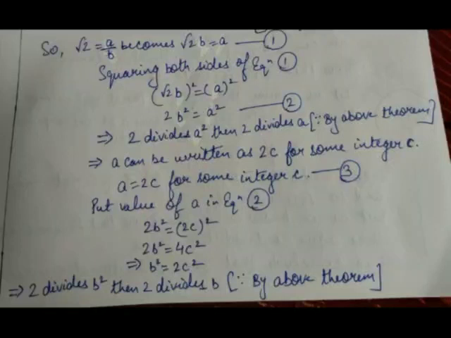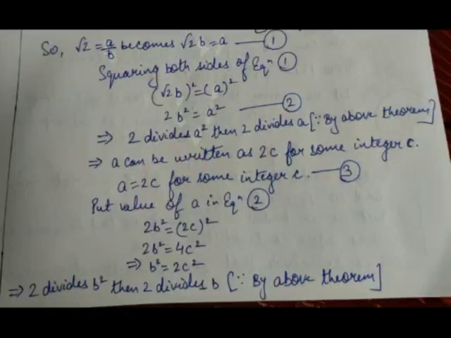So we can write that a can be written as 2c, because if 2 divides a, therefore there is one number which is multiplied by 2, and then we get the answer as a, for some integer c. So we can write a is equal to 2c for some integer c.